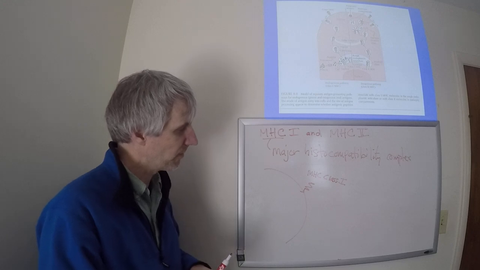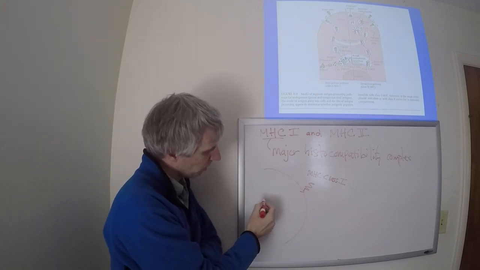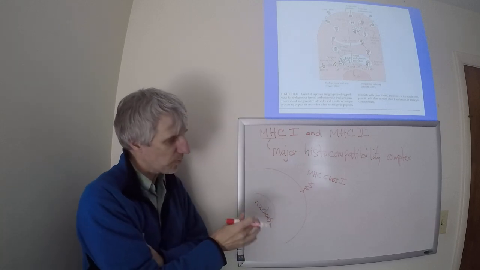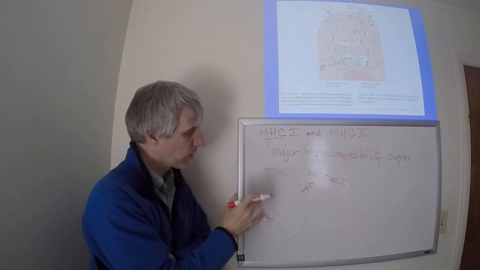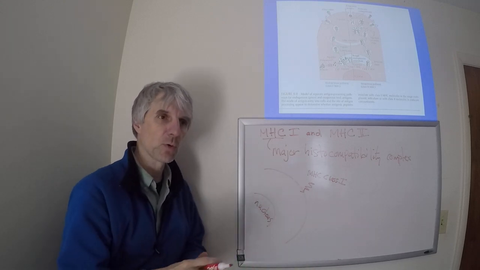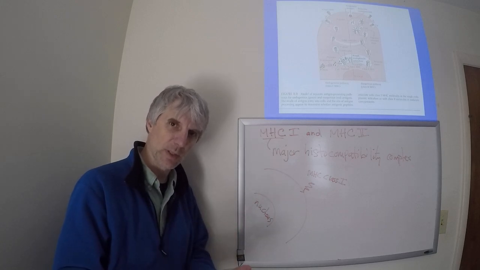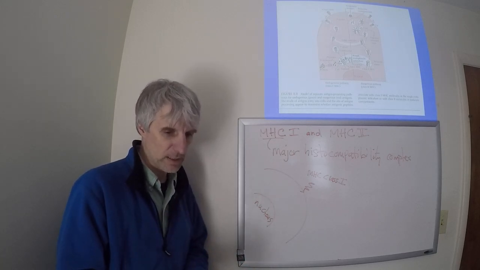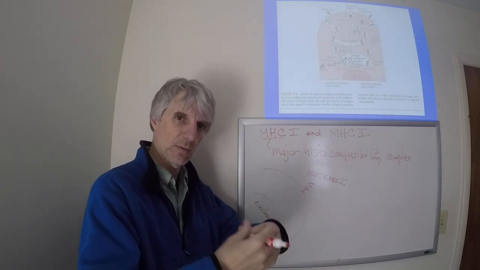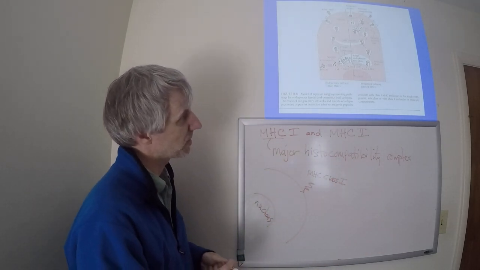All cells have this. Now, the way this works within cells is using the endomembrane system. We're going to build the major histocompatibility complexes through the endomembrane system by using rough endoplasmic reticulum. The protein is now inside the endoplasmic reticulum, then we bud it off into a Golgi, and so on, all the way out to the cell membrane itself.